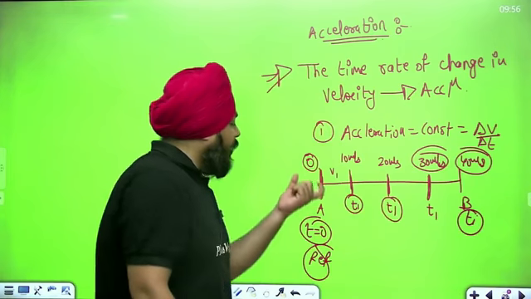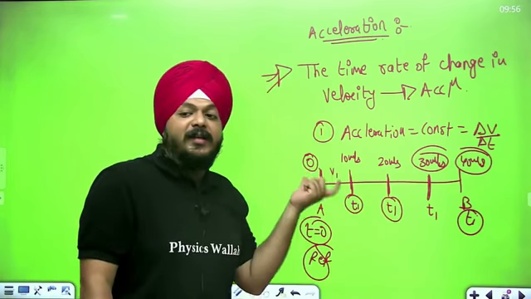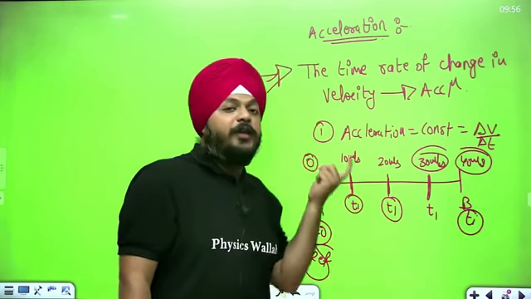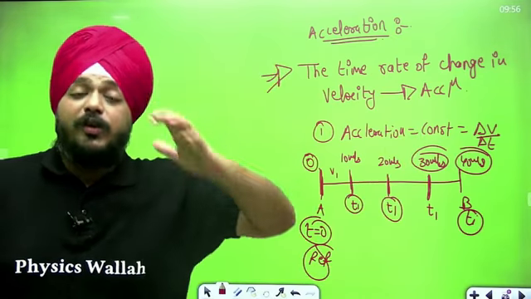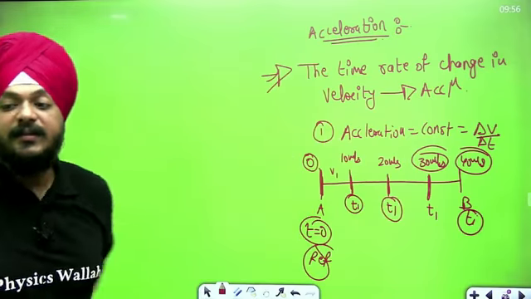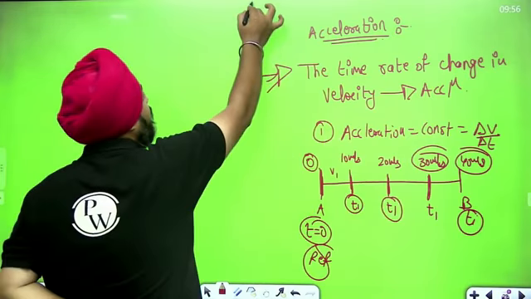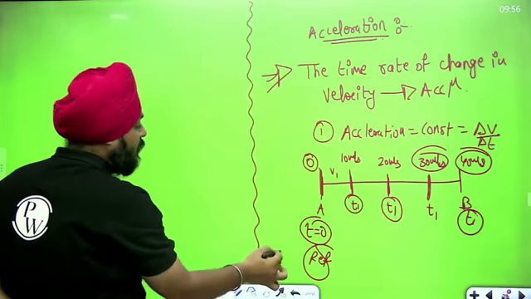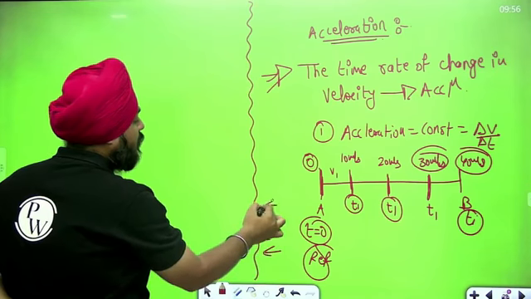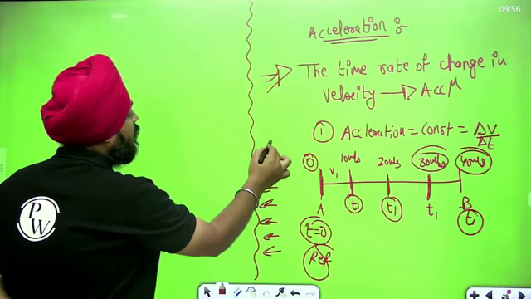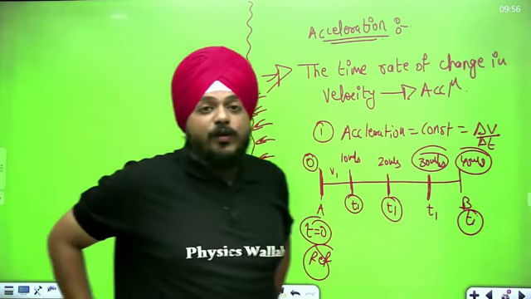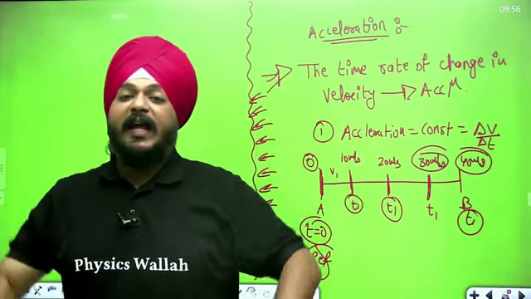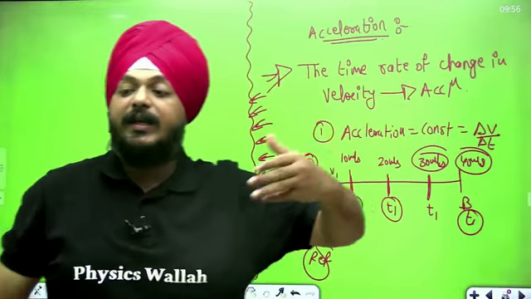So on the span of every t1 seconds, the velocity is uniformly increasing. Mark my words, uniformly. If velocity is uniformly increasing, then we can say acceleration is constant.